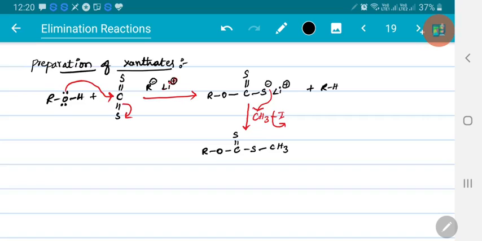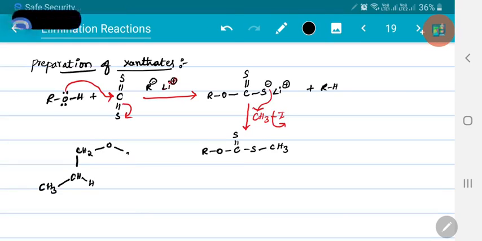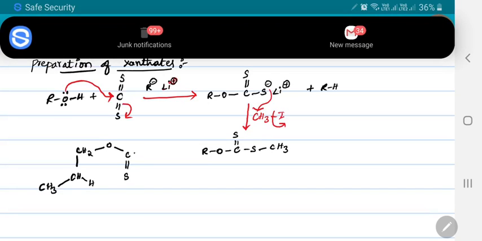Now how does the reaction occur, right? Remember, there must be a beta hydrogen. Of course, towards this S there is no beta hydrogen, so definitely this R group should possess a beta hydrogen. Let me see with an example. If I have taken CH3, this must be the beta hydrogen, CH2, O, carbon double bond S, CH3, right?